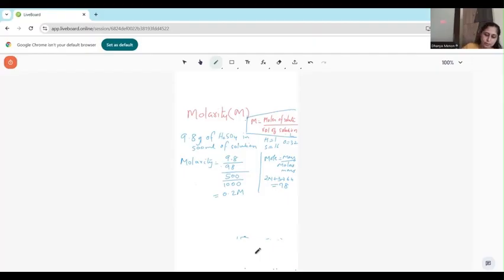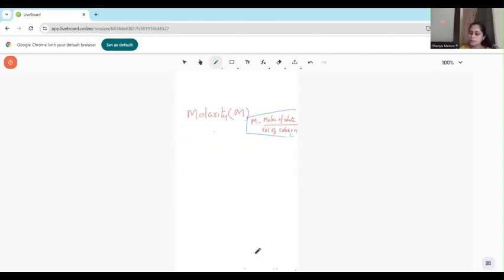Okay. Now, students, there can be another question like this, where you are asked to find the mass of Na2CO3, sodium carbonate, in 250 ml of 3 molar solution.